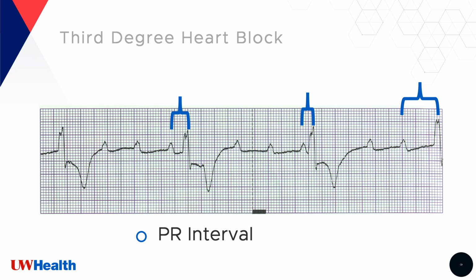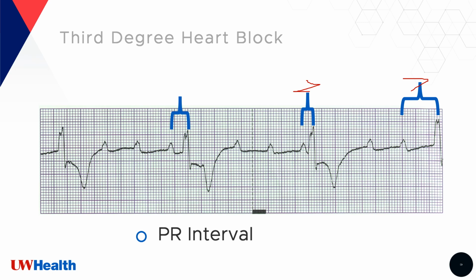The second way that you can determine, do I have a third-degree heart block, is to look at the PR interval. Remember, the PR is the key to blocks. See the PR interval here on the first complex that I've highlighted? If you compare the length of that PR to the length of the second PR and the third PR I've highlighted here, you'll see that they are clearly not consistent.